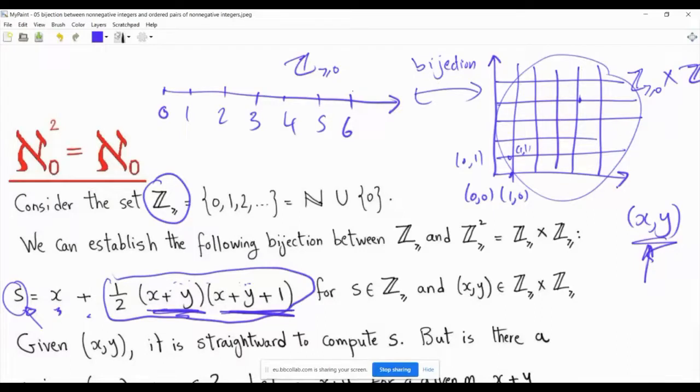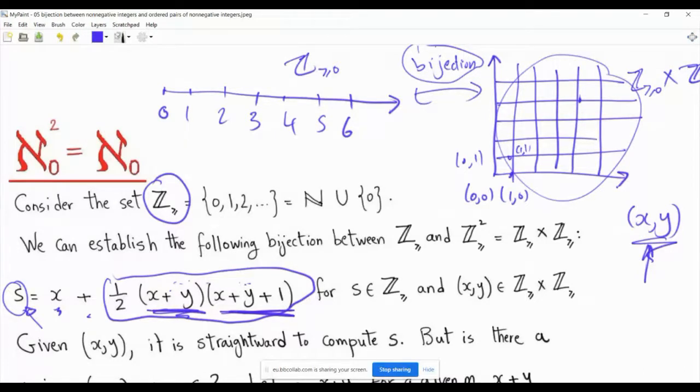But we are talking about a bijection. So bijection means the following. If I give you an s, you should be able to know exactly what x and y give rise to this s. There should be a unique ordered pair x comma y associated with a certain s value.